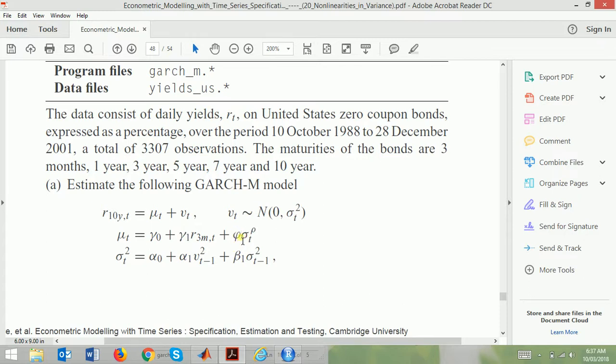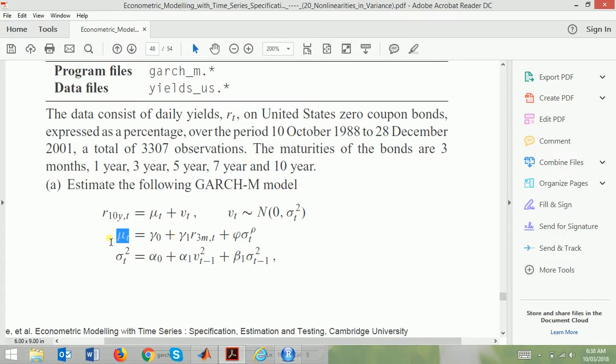Now epsilon can take up 3 values: if your investor is risk averse, risk taker, or risk neutral. Depending on that, if he is risk averse, epsilon is greater than 0. If he is risk neutral, epsilon equals 0. If he is a risk taker, epsilon is less than 0.